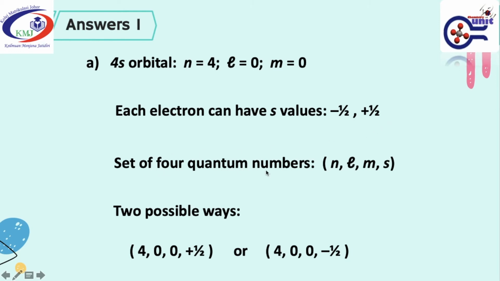The set of quantum numbers must be in brackets: n, L, m, and s. So, two possible ways of writing the set of quantum numbers are (4, 0, 0, positive half) or (4, 0, 0, negative half). You cannot write both because the question asks you to write for one electron only.